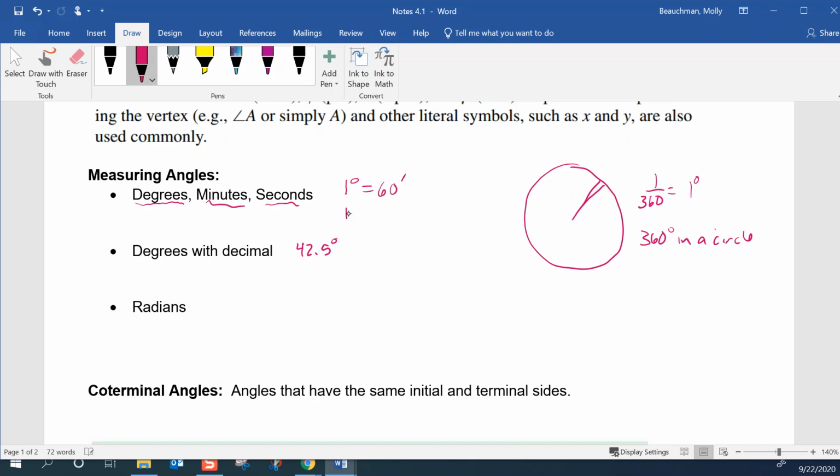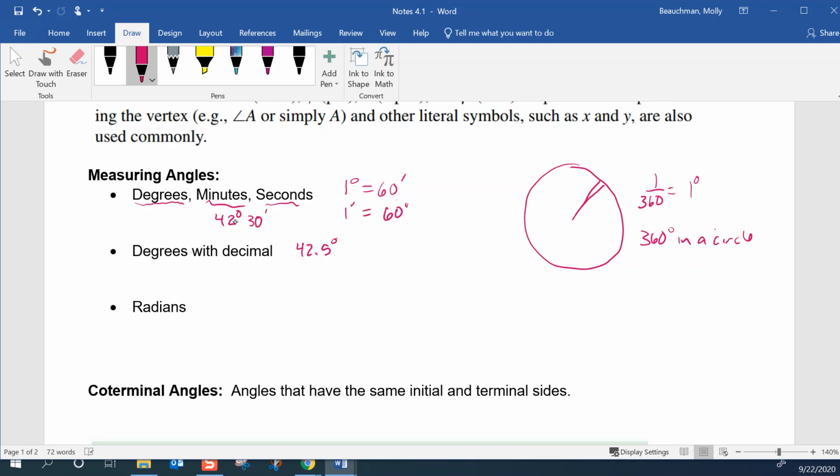And 1 minute can be expressed as 60 seconds. So this is very close to our time: seconds, minutes, degrees. So that's another way to express a degree. So 42.5 degrees, half a degree, half of 60 minutes would be 30 minutes. So you could also express that as 42 degrees, 30 minutes.